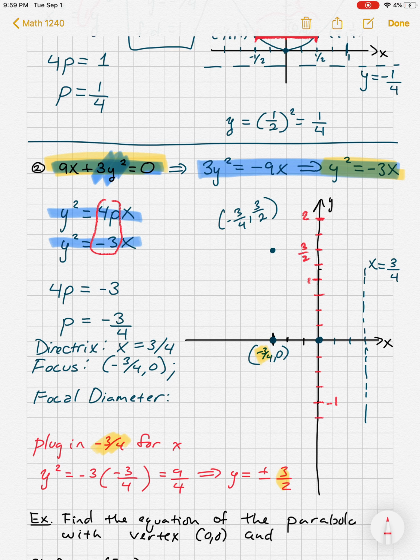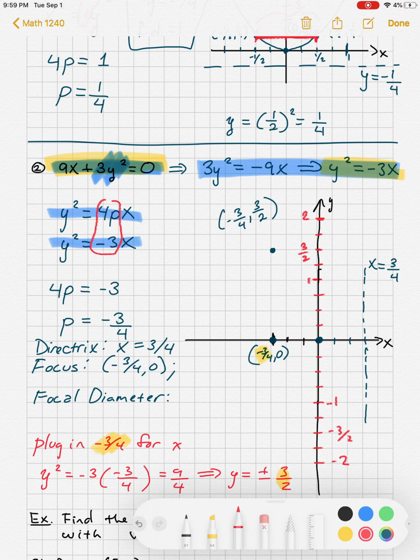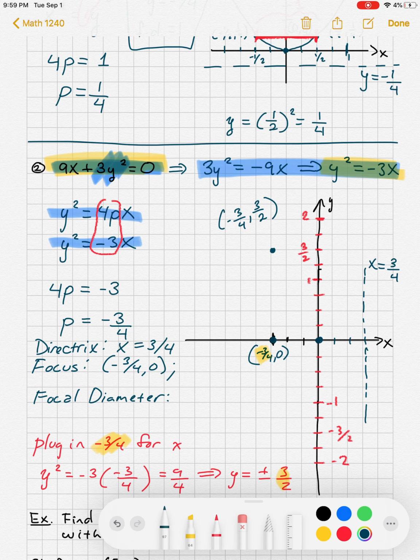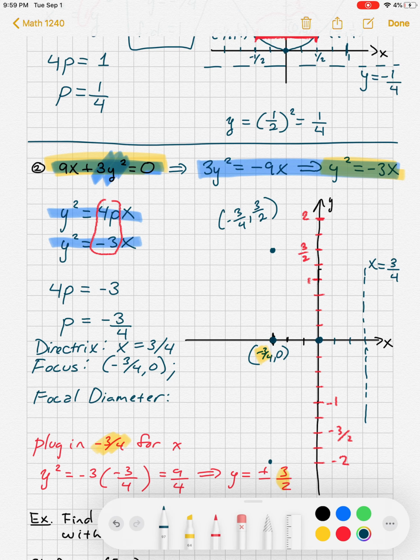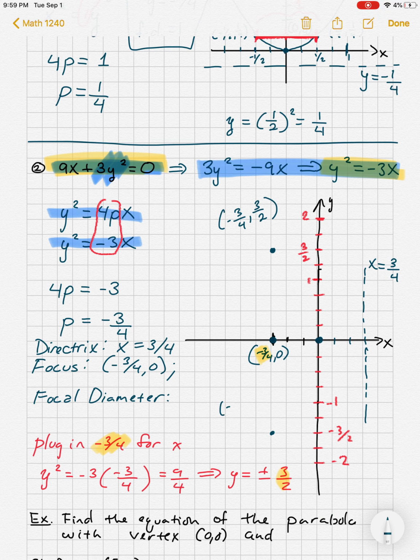There's -1, -1.5, would be -2. So the point -3/4, -3/2. Okay, so that's a wide parabola, since we actually did a decent job showing the scale.